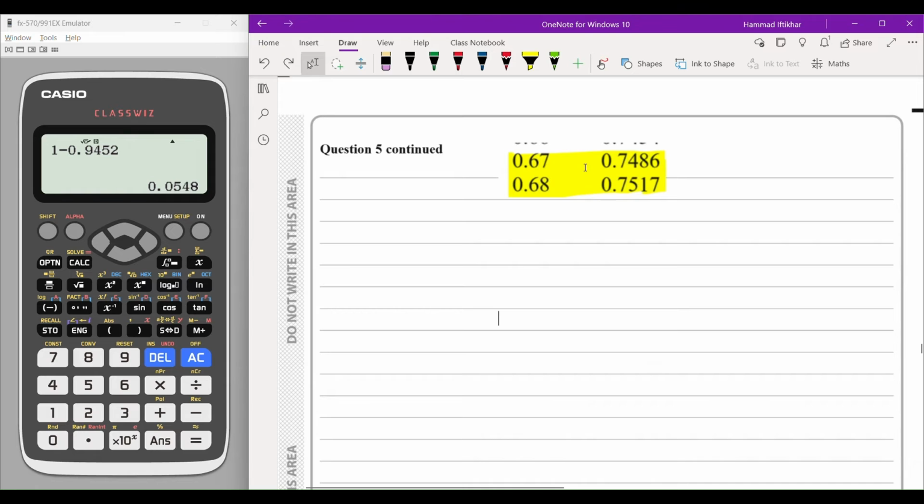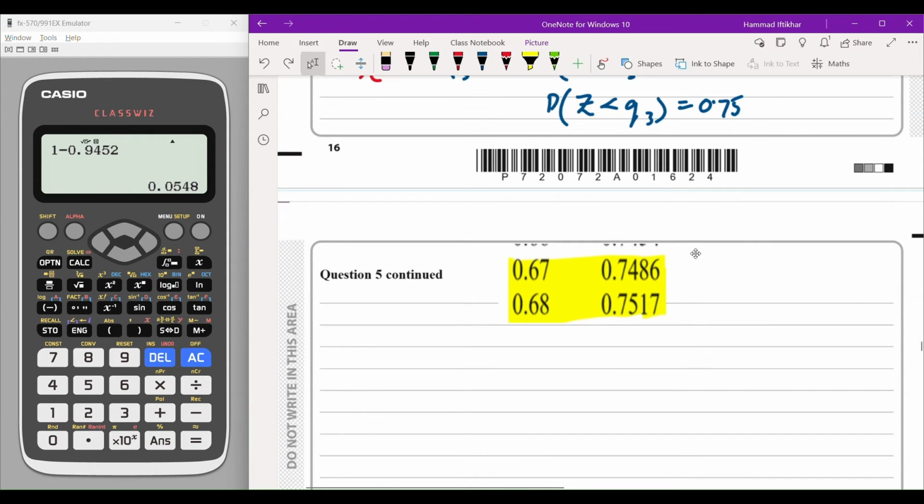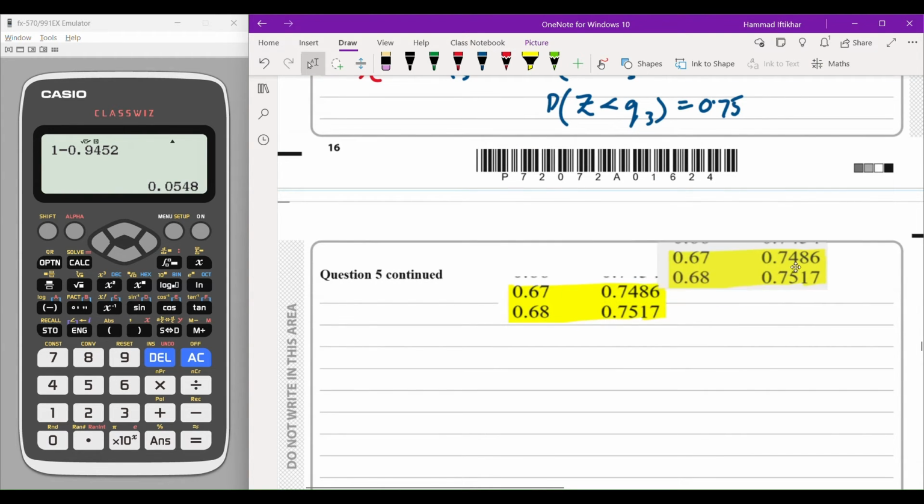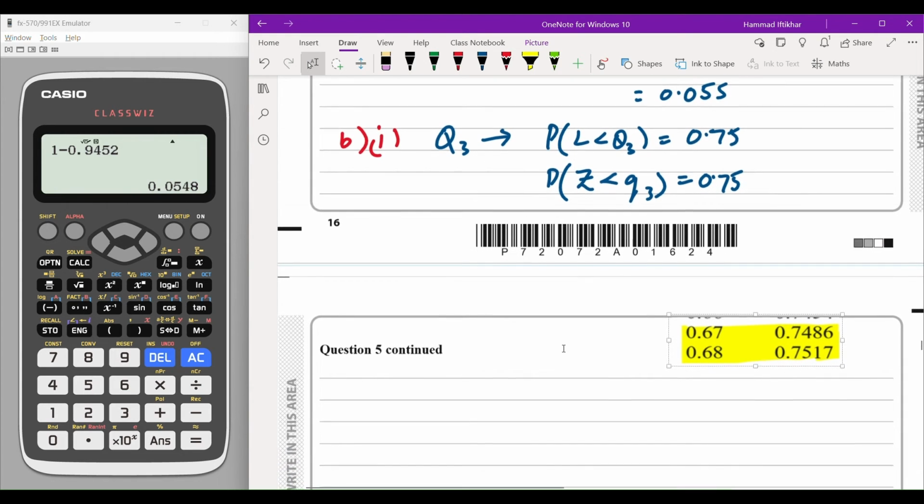Okay, let's paste it over here. Okay, all right. So we need the 0.75. So we will do the same process we do for that. So Q3 minus 0.67. Although it's not a linear function, we can perform a little bit of linear interpolation on this.